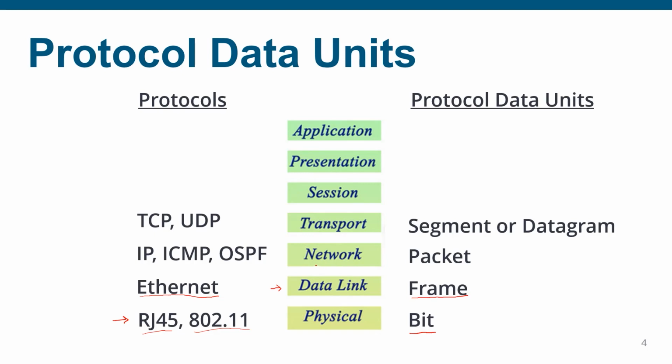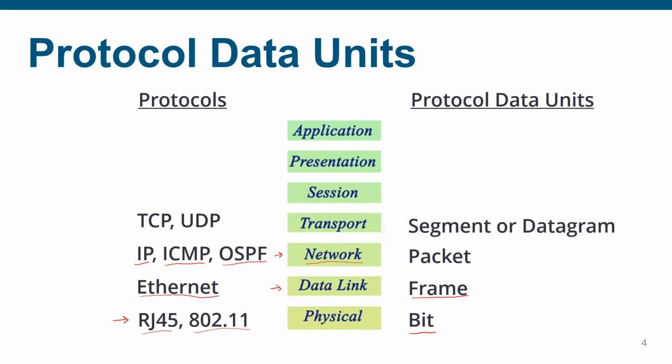We also have addressing at the network layer, at layer 3. This is where our IP addresses exist. Some other protocols that live in layer 3 are ICMP, that is your ping, or OSPF, a dynamic routing protocol.